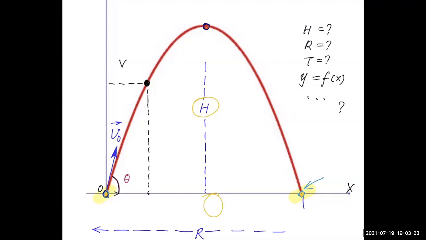Now, going down, the initial speed is 0. The final speed is something we don't know yet. But if the vertical component of the final velocity right before it hits the ground has a magnitude equal to the vertical component of the initial velocity going up, let's say initially it has an upward velocity of 10 meters per second, and finally, right before it lands, it has a final downward velocity of 10 meters per second, then isn't it true that going up, the average velocity will be 5 meters per second, and going down is also 5 meters per second, right?